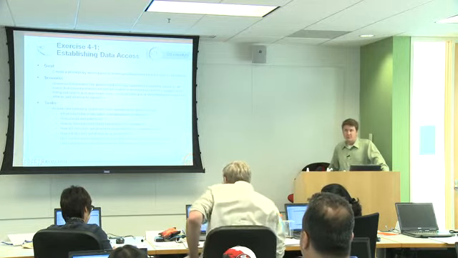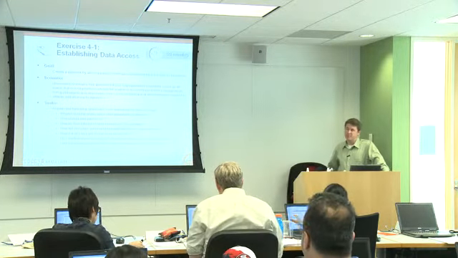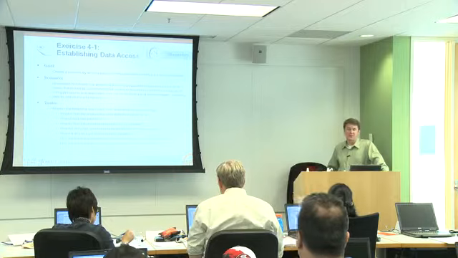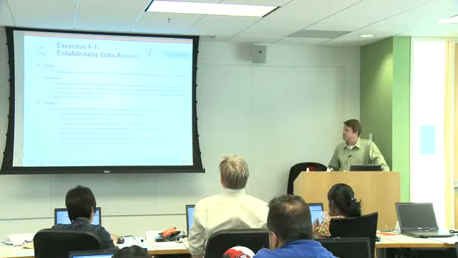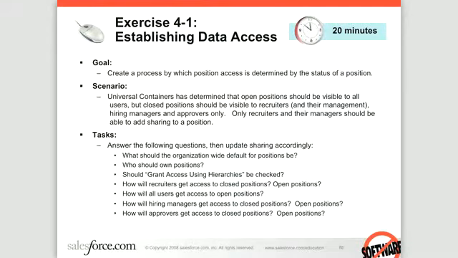So what I'm going to do is ask for some input. Maybe we can open up this discussion to the entire group. Okay. So the first question was, what should the org-wide default for positions be?